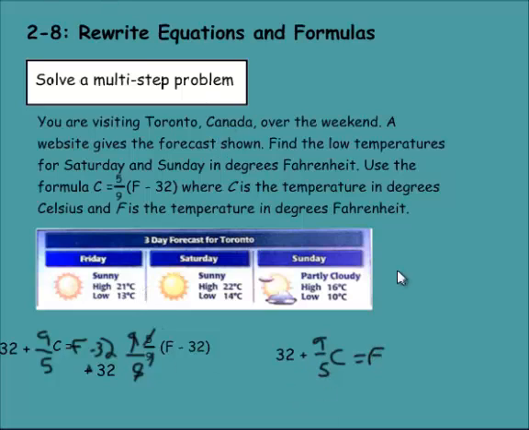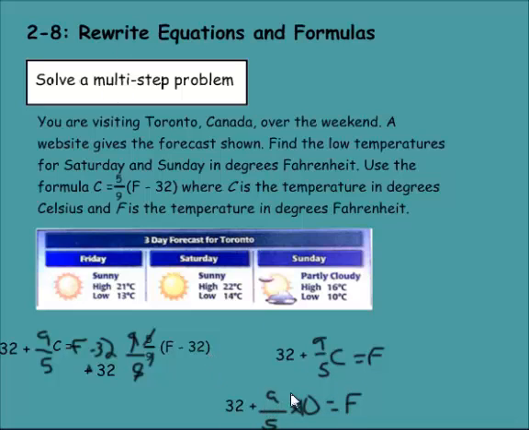Good work. And for time's sake, I'm only going to solve for the low temperature on Sunday because that'll be quick and easy. Okay, so I have 10 degrees Celsius. I would replace the C with 10. So it would be 32 plus 9/5 times 10. And that would equal degrees Fahrenheit.